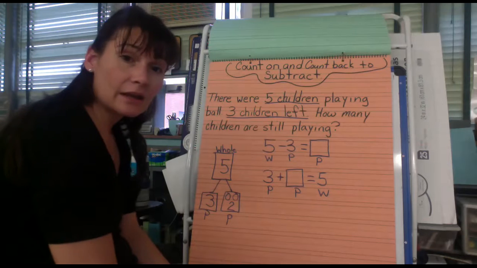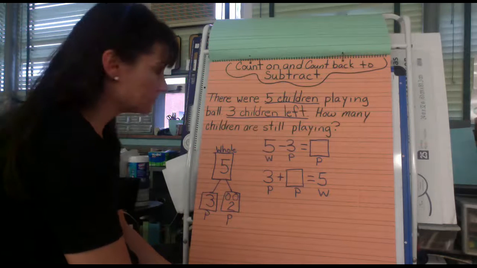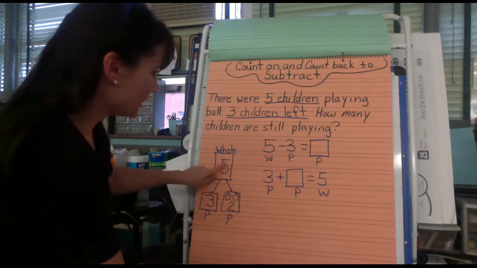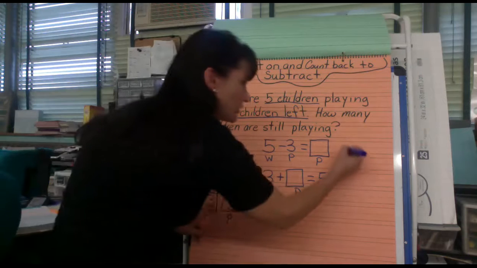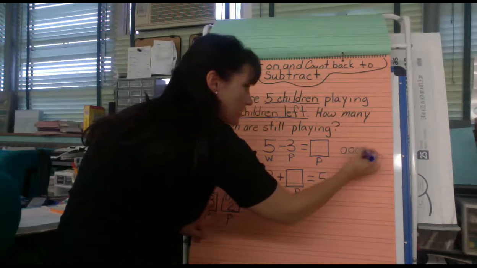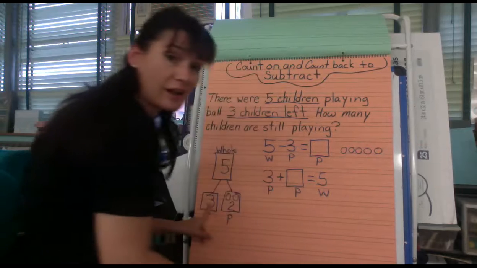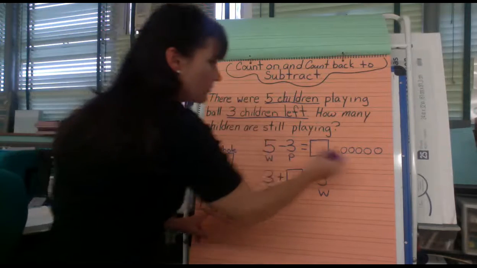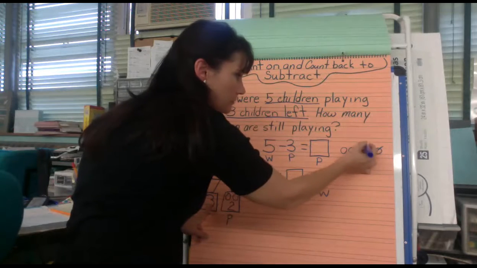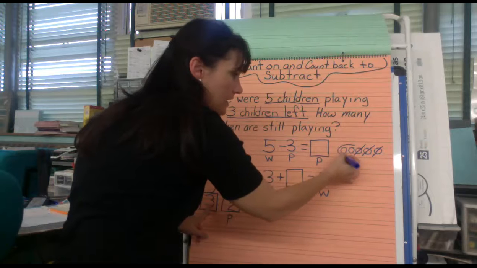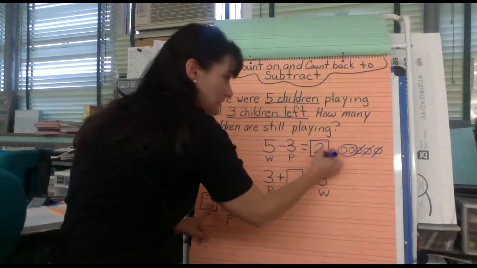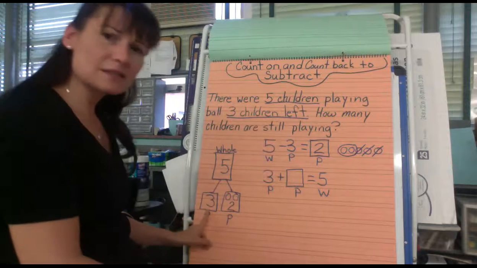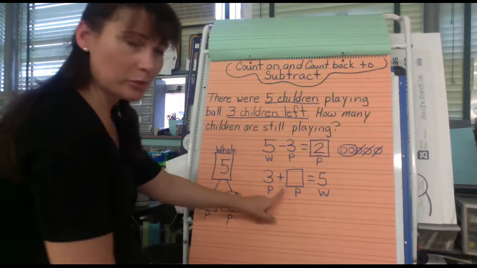Let's see if that matches my thinking. 5, take away 3. I'm going to draw some counters here to help me see my thinking. I have 5 counters, and I take 3 away. How many did I have left? I had 2. So, let's see if that works out for our addition problem.